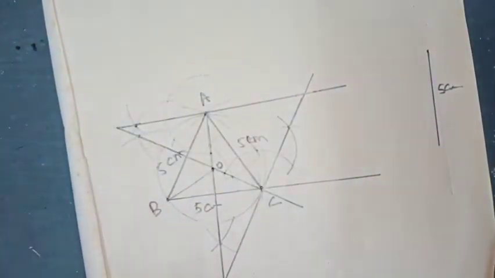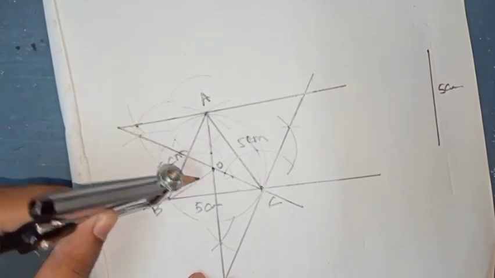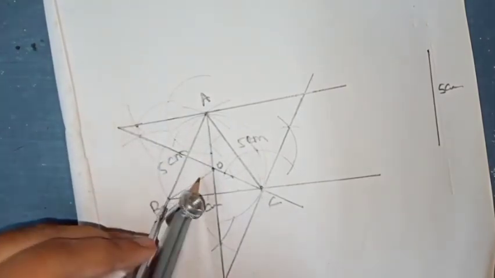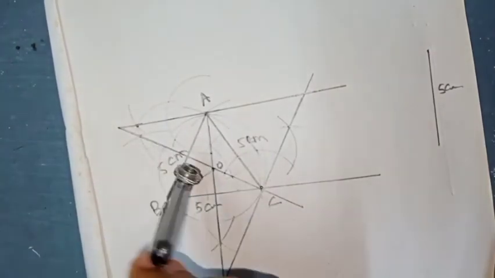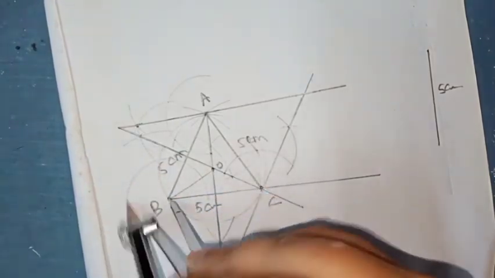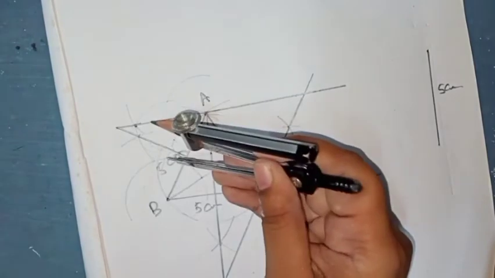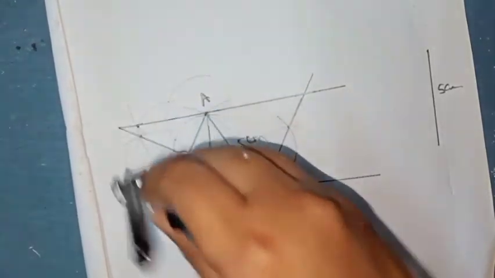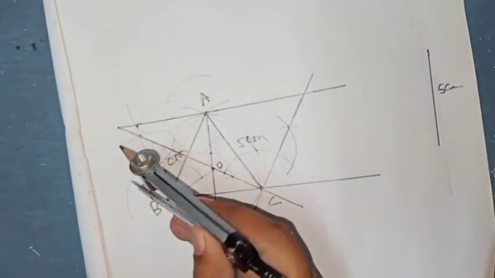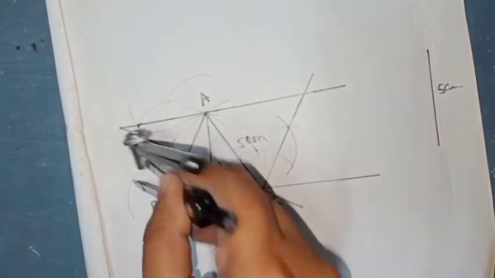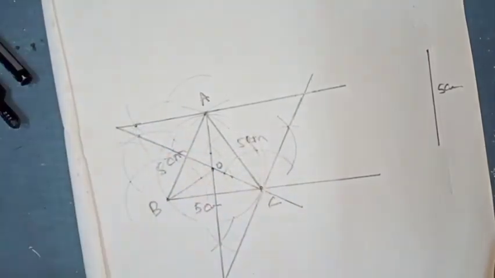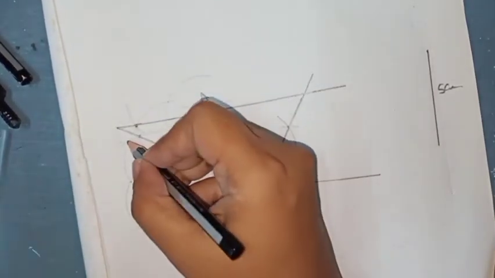Now from point P, again you will keep your compass in point P and make one arc. Keep your compass in this point, cut this one. Keep your compass in this point, cut a bigger one. Keep your compass in this point and cut this. You will get another point.